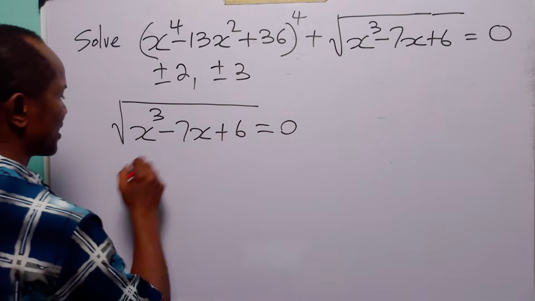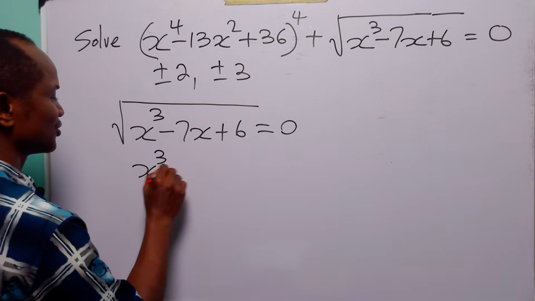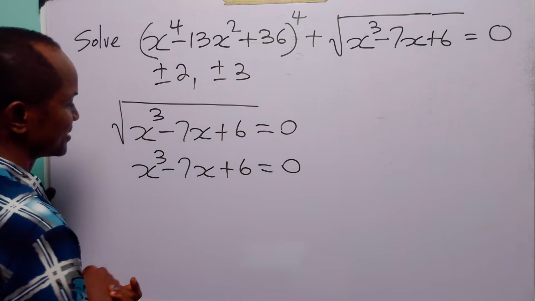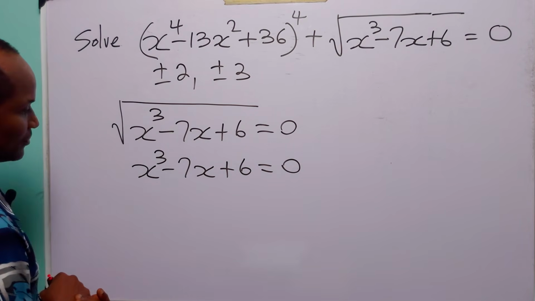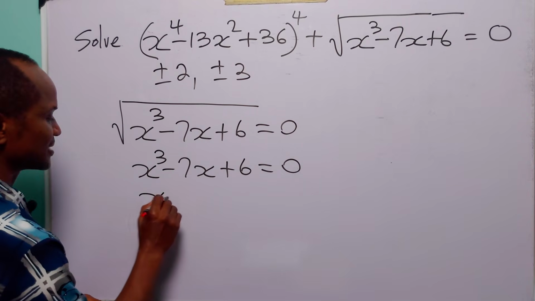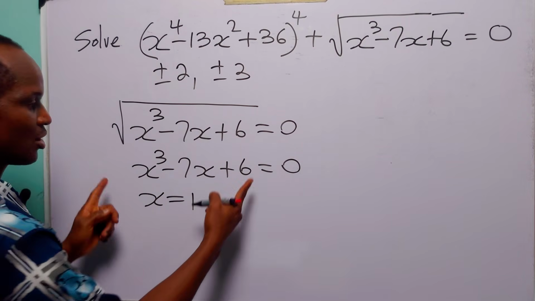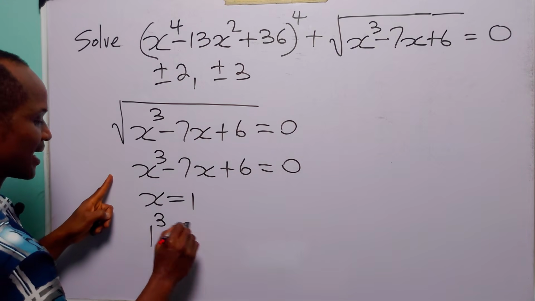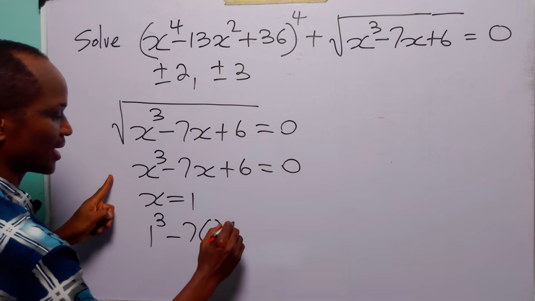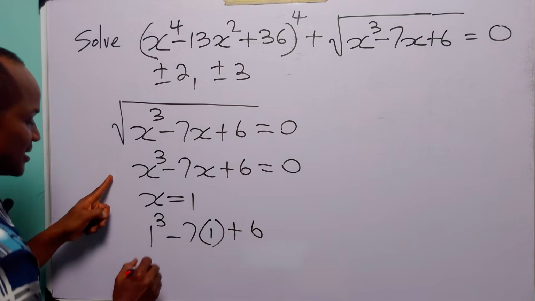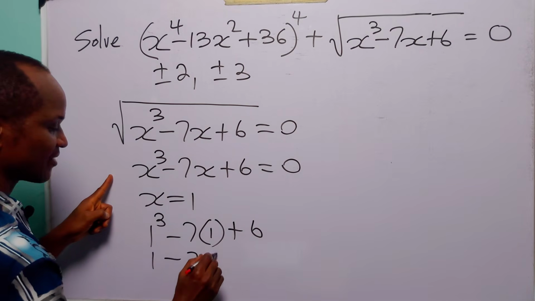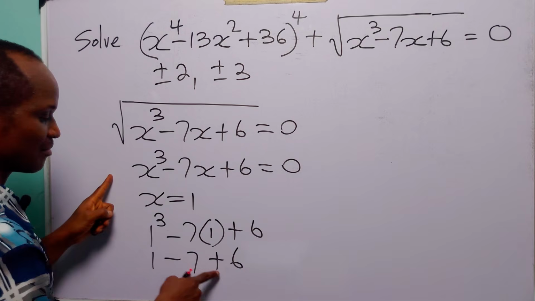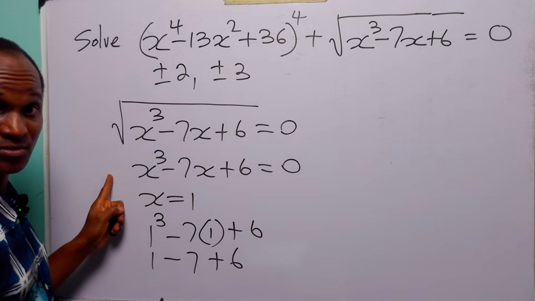Once more, from here we have that x cubed minus 7x plus 6 is equal to 0. Now, notice that when x is equal to 1, on the left-hand side, we have 1 cubed minus 7 times 1 plus 6. This is 1 minus 7 plus 6. 1 minus 7 is minus 6. Minus 6 plus 6 is equal to 0.